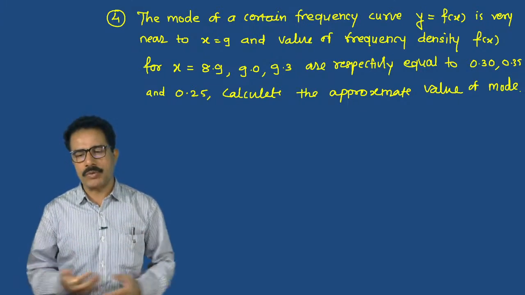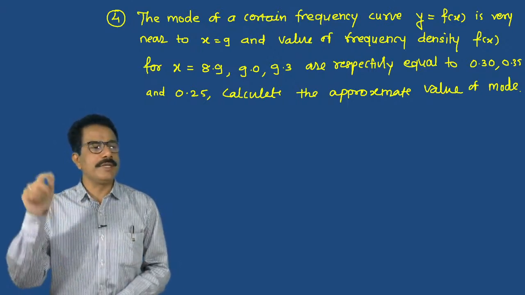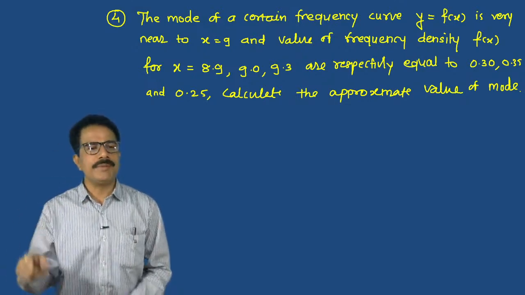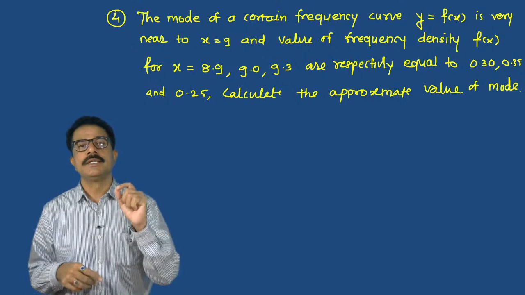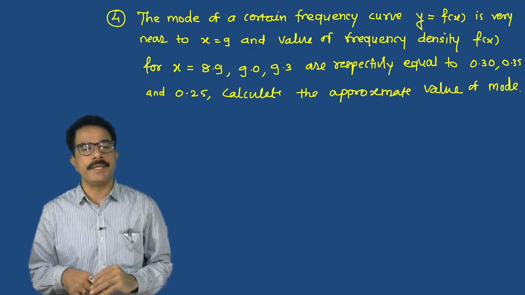That means we have to calculate the approximate value of the mode. Mode means we have to find out the curve's extreme point; it may be a maximum or it may be a minimum.